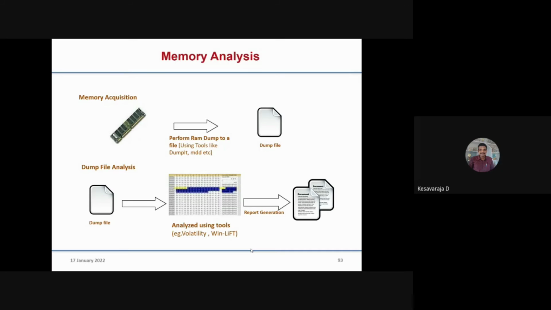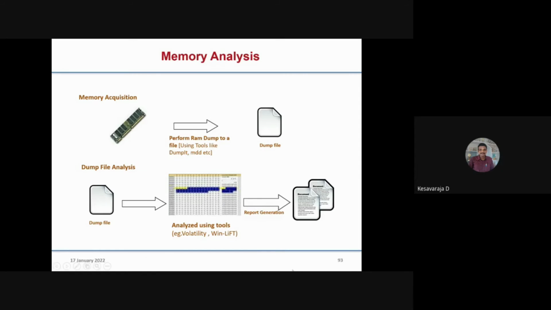You can capture the information from RAM, so it's volatile memory. Perform a RAM dump and create a dump file, either .dd or .mdd. You can dump the entire RAM data into a dump file. After collecting a dump file, you can perform dump file analysis.